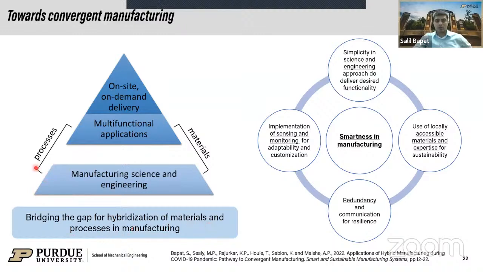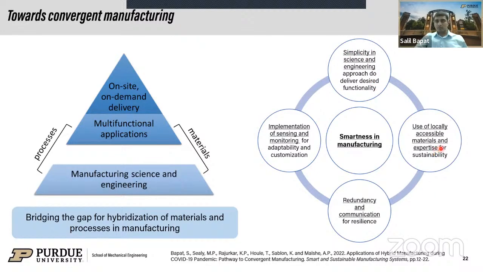So this is where we see what we need in the future is the gap of hybridization in materials and processes in manufacturing. And what that leads to is a model of what do you want from smartness in manufacturing. You have implementation of sensor and monitoring. We talked about that through the digital twin part. You have simplicity in science and engineering. So this is where the bio-inspiration comes from.